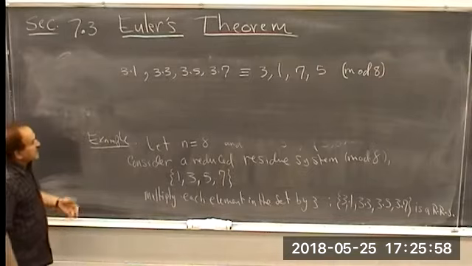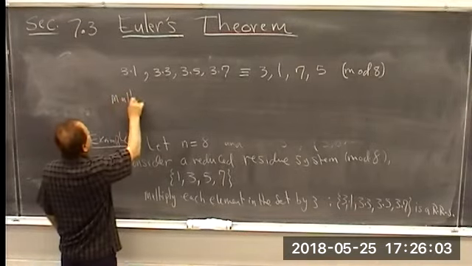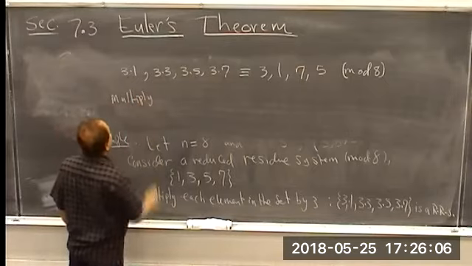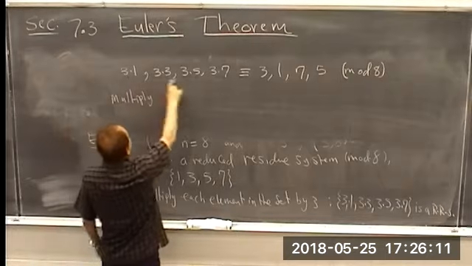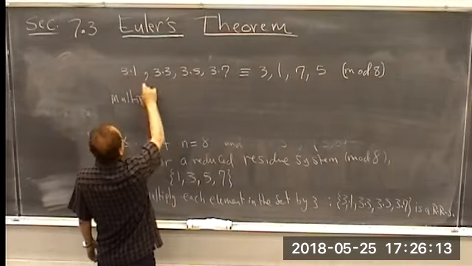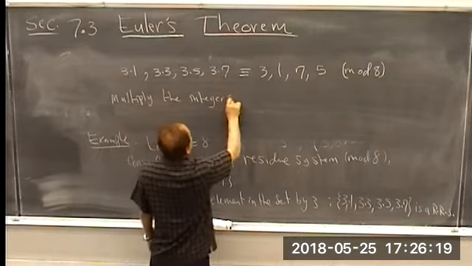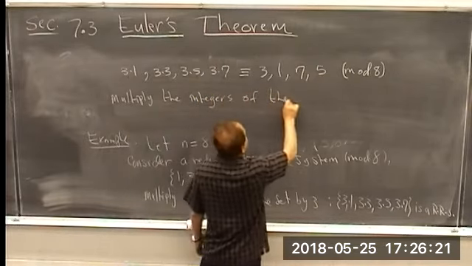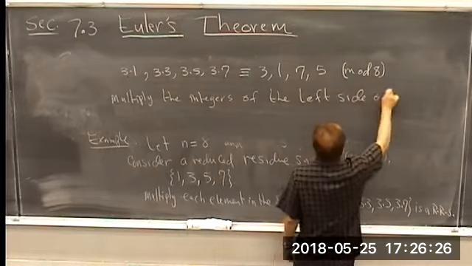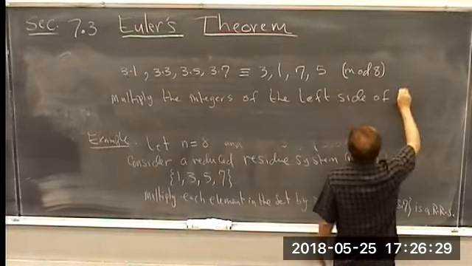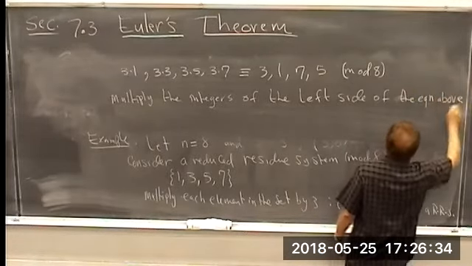Now, this means that when I multiply the elements, the integers on the left side of the equation above, what do we get?